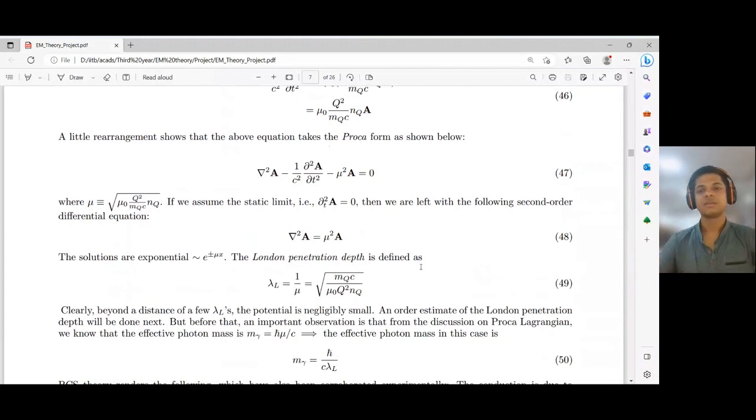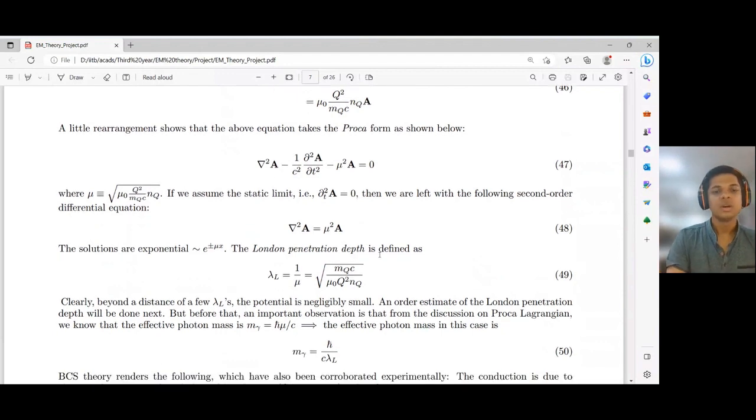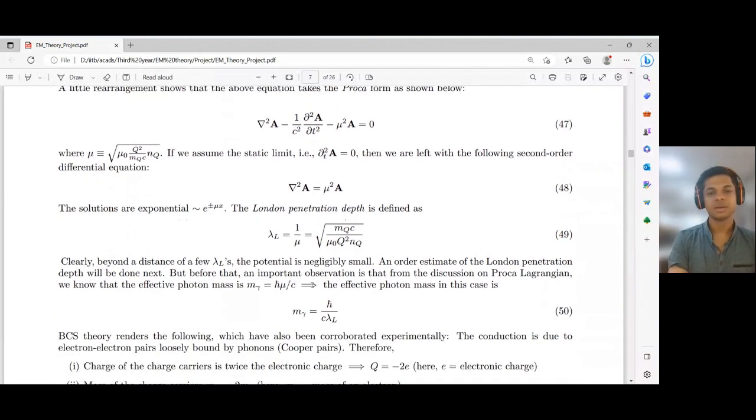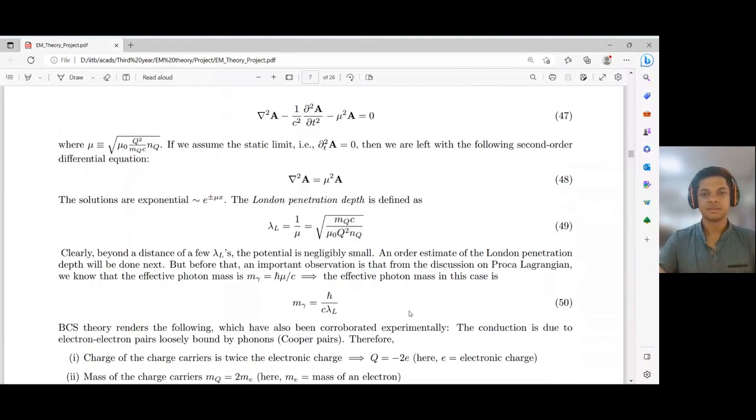If we take the size of the material to be much larger than the length scale corresponding to 1 by mu, we can ignore the e to the plus mu x solution because we don't want the solution to blow up, and that leaves us with an exponentially decaying solution. The reciprocal of mu, 1 by mu, is defined as lambda L, or the London penetration depth. It can be clearly seen that beyond a few lambda L's, the potential becomes very small. So it kind of explains the Meissner effect.